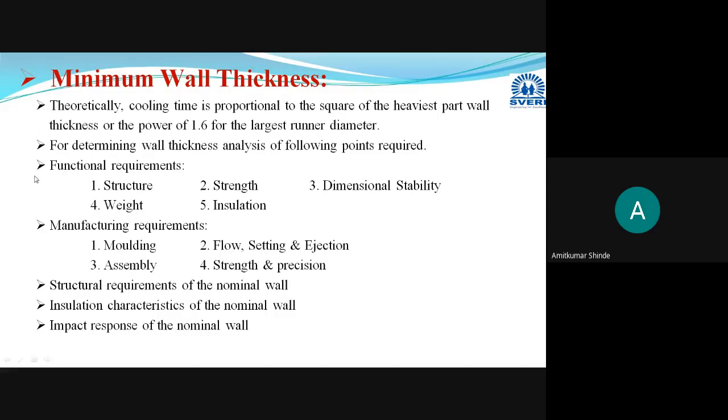So these four or five factors you have to consider while analyzing the wall thickness: functional requirements, manufacturing requirements, structural requirements, and characteristics like insulation and impact resistance. All these you have to study before determining the wall thickness.